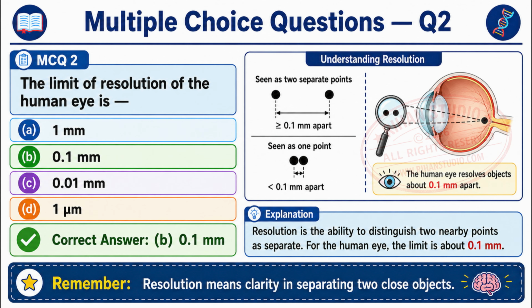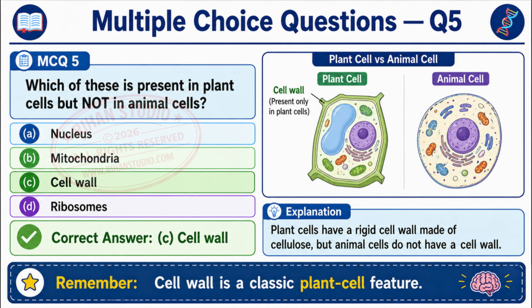Answer: B, chlorophyll. 5. Which of these is present in plant cells but not in animal cells? A. Nucleus, B. Mitochondria, C. Cell wall, D. Ribosomes? Answer: C, cell wall.